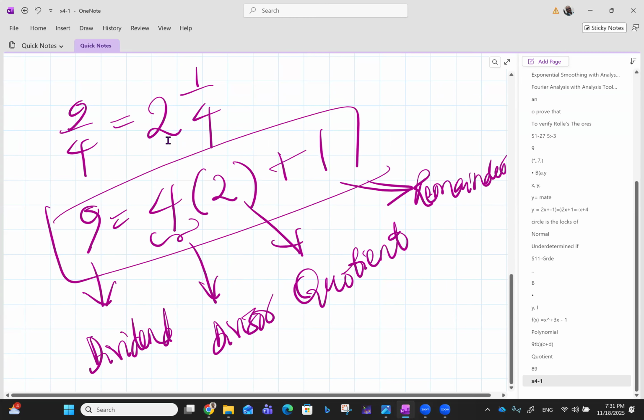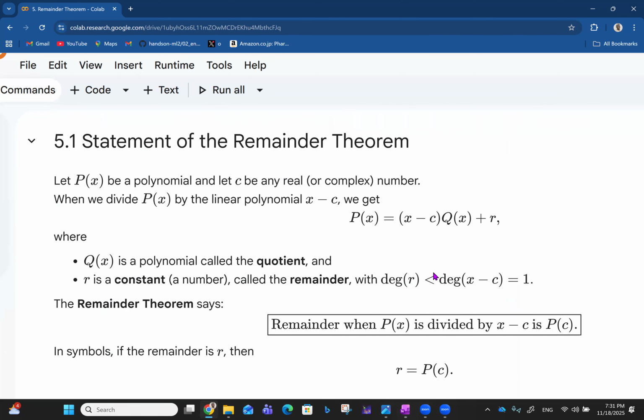If after dividing you still have a remainder that is bigger than the divisor, it means something is wrong with your division, so you want to check to be sure. The degree of the divisor is usually equal to 1, because we're talking about a linear polynomial x minus c as divisor.